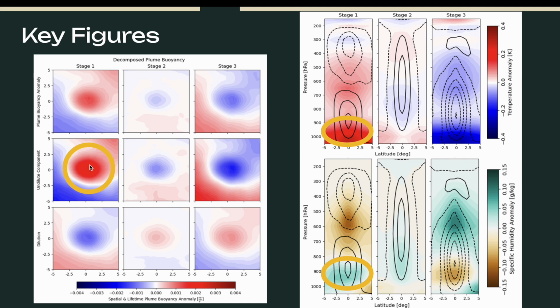When we add these together, we're still ending up with an overall positive buoyancy anomaly, and this can be attributed to the really dominant undilute component. And this is reflected by the very warm, very moist boundary layer, meaning that we're going to have a really large regular MSE of the boundary layer.